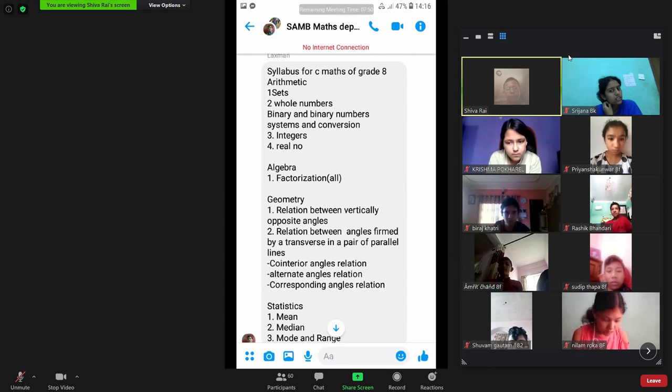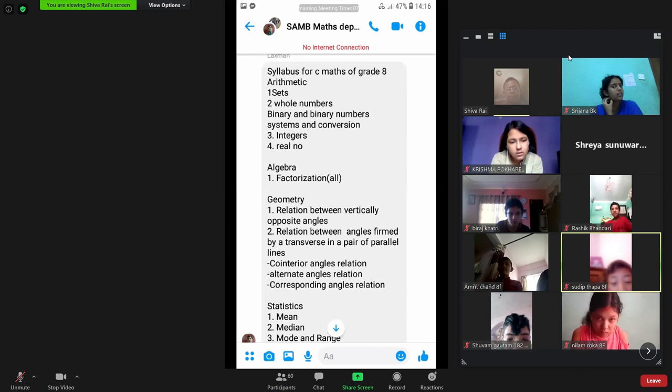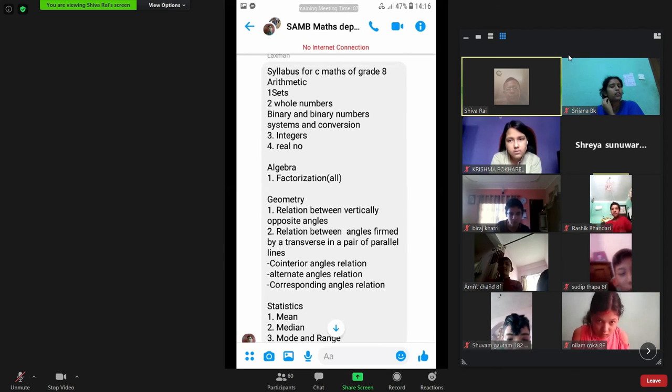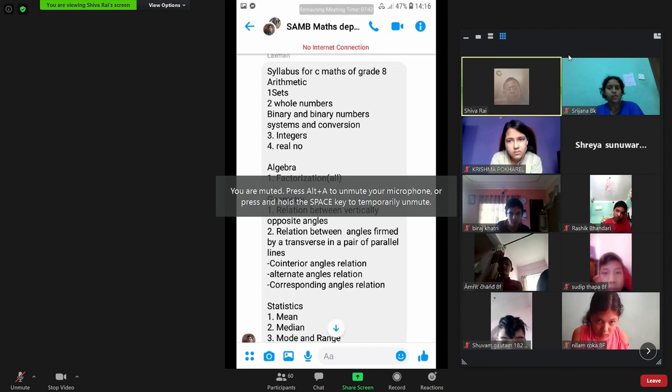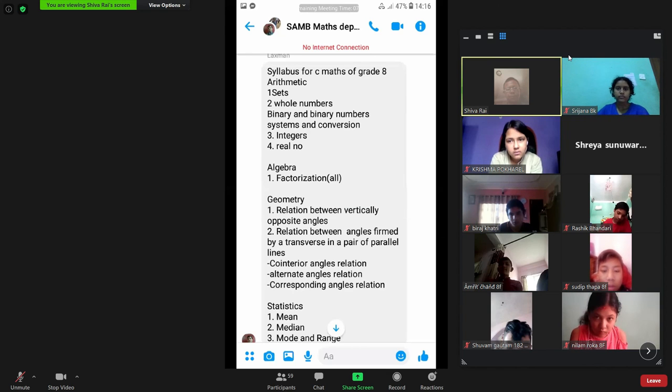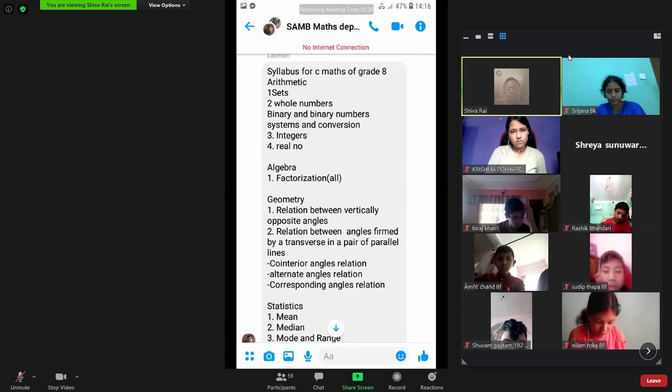Have you got this? Yes, sir. Okay, you note down. This is the syllabus for you. Set, whole numbers, integers, real number, algebra, factorization, all, geometry, relation between vertically opposite angles, relation between angles formed by a transversal in a pair of parallel lines, all there, mean, median, mode, and range, all this.